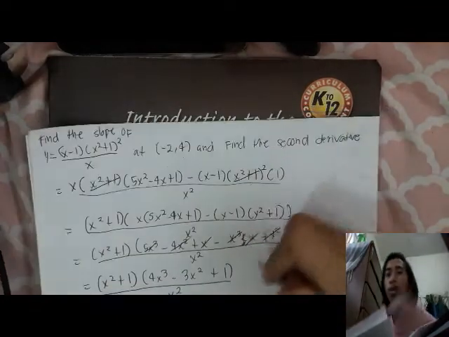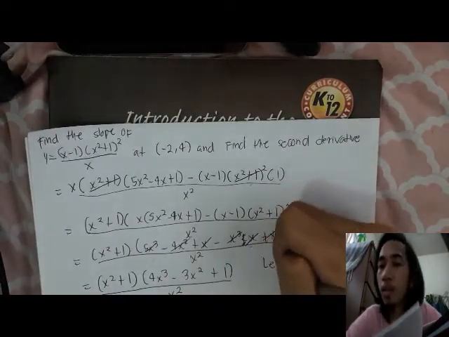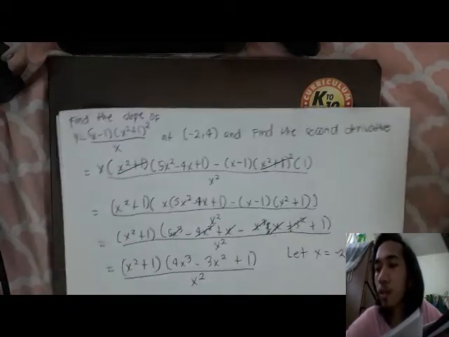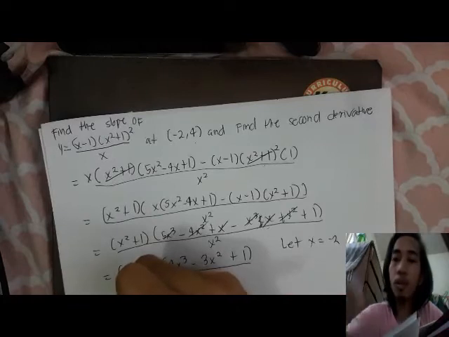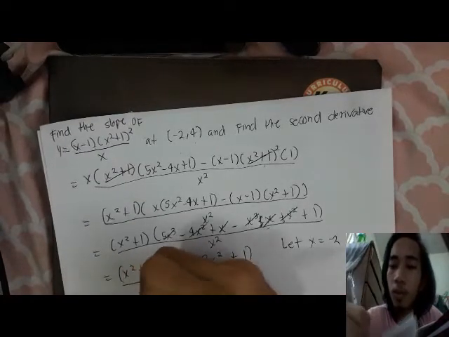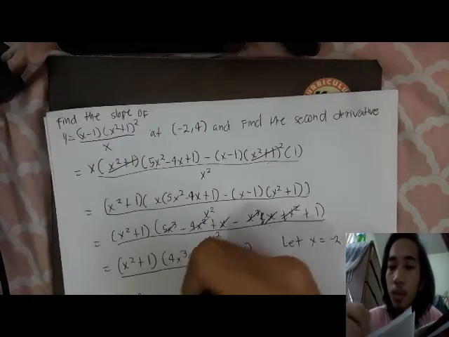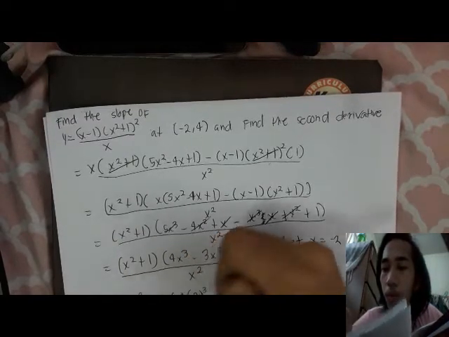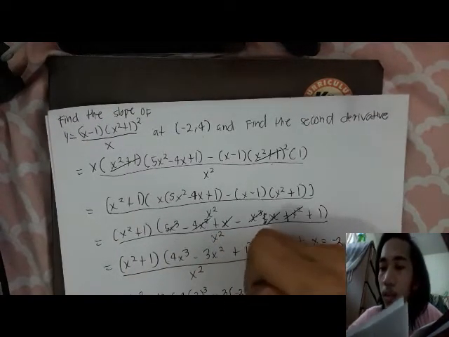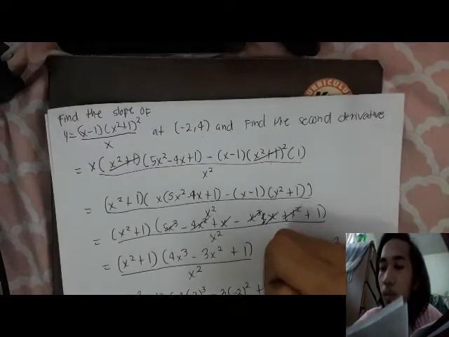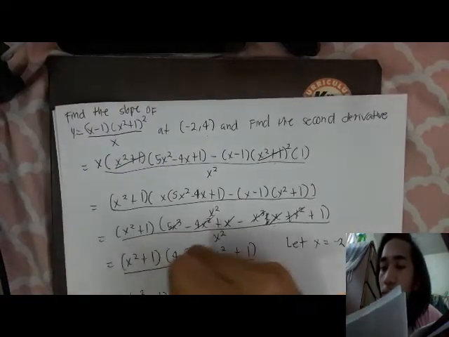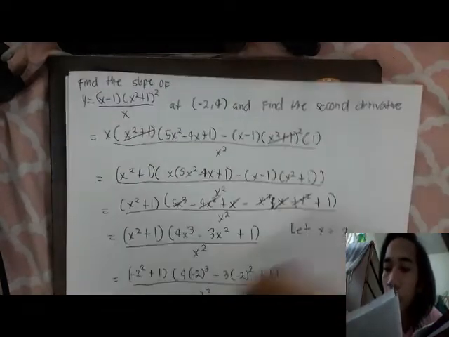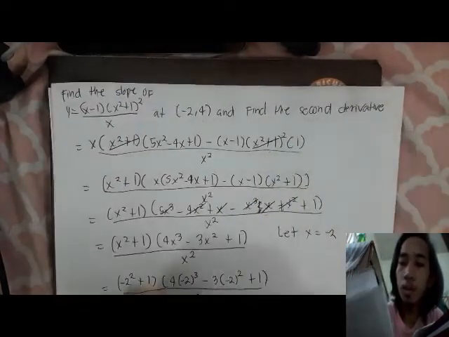So, substitute natin ang negative 2. Let x equals negative 2. So, substitute negative 2 squared plus 1 times 4 times negative 2 cubed minus 3 times negative 2 squared plus 1, over negative 2 squared. So, evaluate natin.